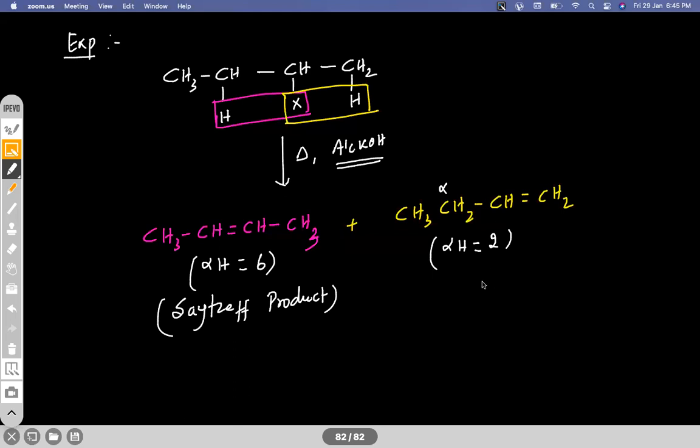And the minor one is the Hofmann product. So the one which is more stable is major, forms more, and this one is minor, forms less. Correct?